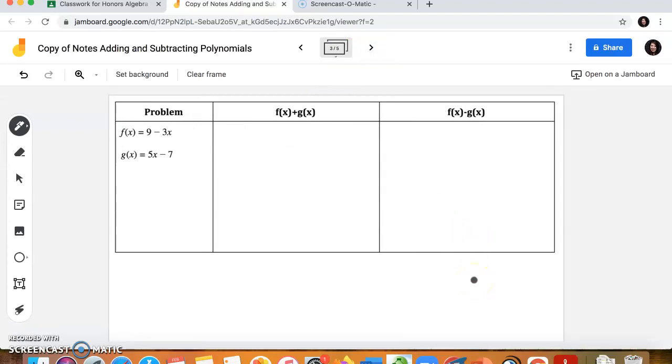Okay, so here we're going to be adding and subtracting polynomials. Now, adding is pretty simple. We have f of x equals 9 minus 3x and g of x equals 5x minus 7. These are both binomials because they have two terms. And when we're adding them, it's pretty simple. You just have 9 minus 3x plus 5x minus 7.